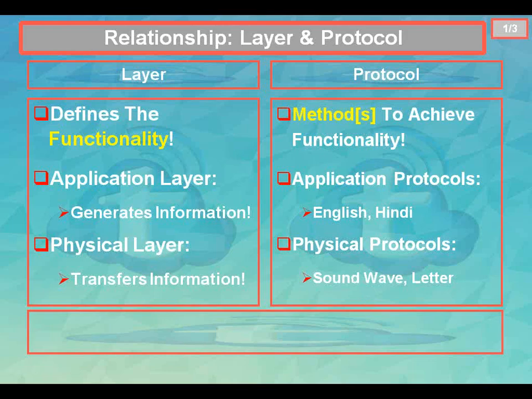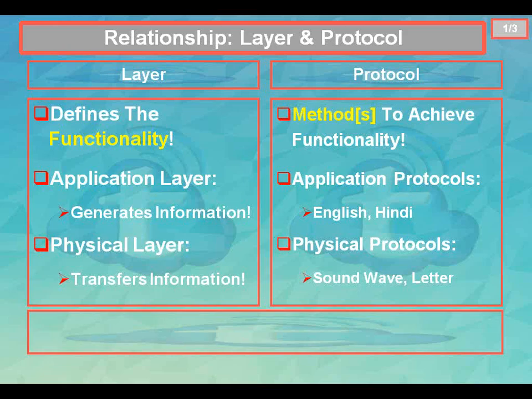All these are different methods that are available to transfer the information from one unit to another unit. You see? All these are what? Different protocols. The sound wave is a different protocol. Letter is a different protocol. Writing a letter and sending it to the other side. Making actions is one protocol. These are the multiple protocols that are available in the physical layer of human communication.